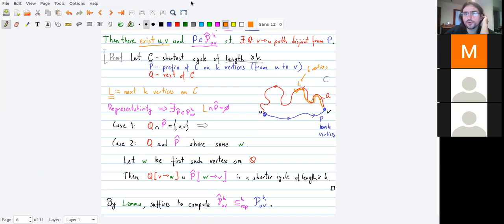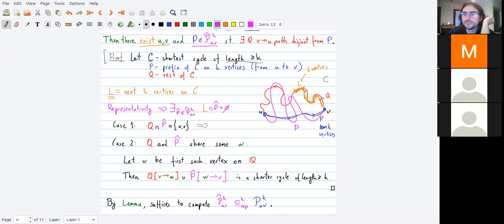So what I know from the representativity, there are k vertices here. I know that the path P is disjoint with the vertices L, because this was a simple cycle. So this means that in my representative family P hat, I have a witness that is also disjoint with L. So I've got another path, maybe it looks like that.